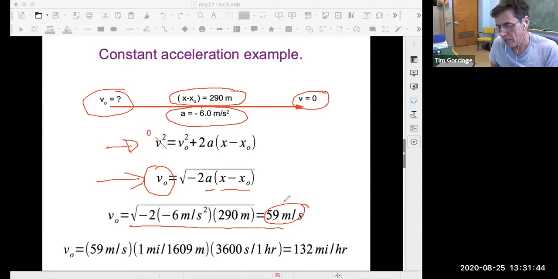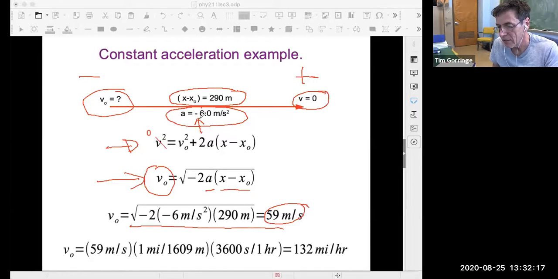So in left-right motion, like this problem, the car traveling from left to right, we will indicate whether this or that quantity, velocity, acceleration, is towards the left or towards the right with plus and minus signs. So I made a choice, and I called going towards the right the positive direction, going towards the left the negative direction. So you'll note that acceleration, which is opposite the motion, this deceleration, is negative.